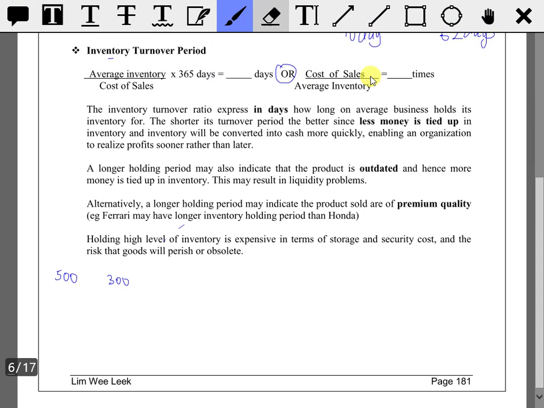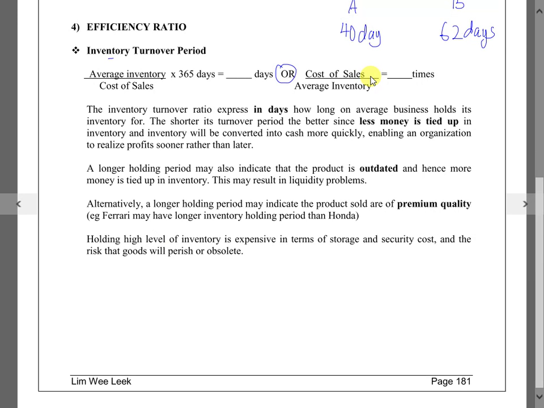Receivable. Do we have opening, closing? If the question does not have opening, especially, then we can use closing receivable, not average. Okay? Closing.